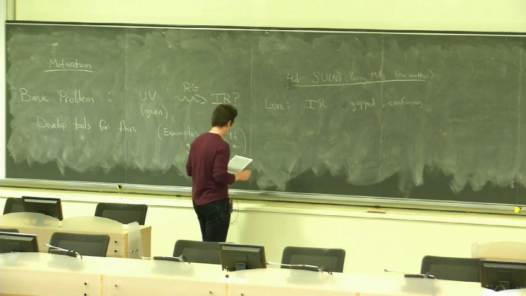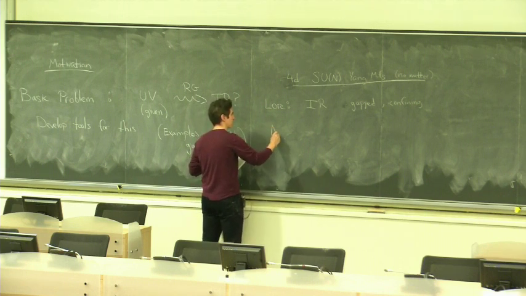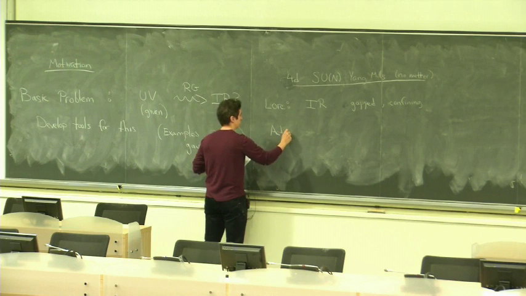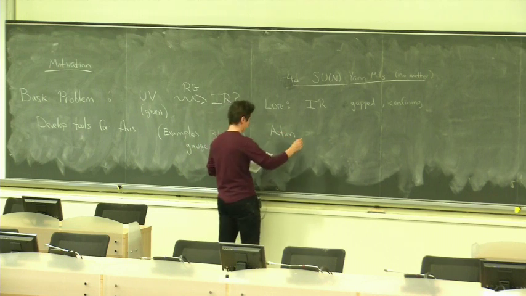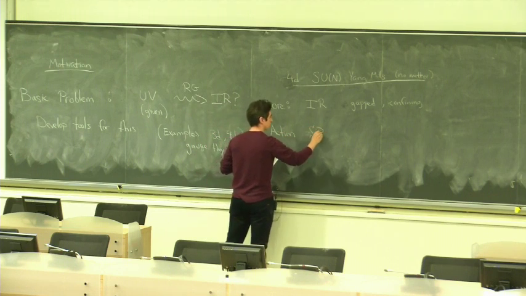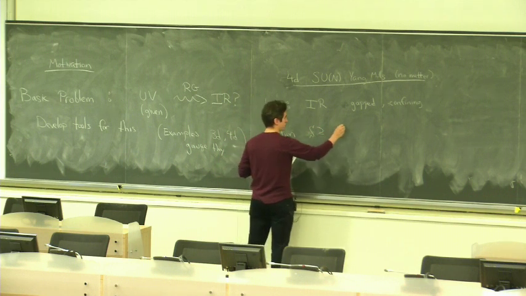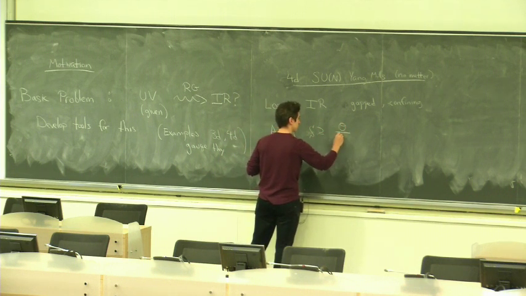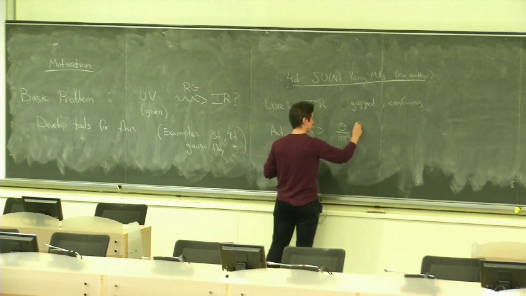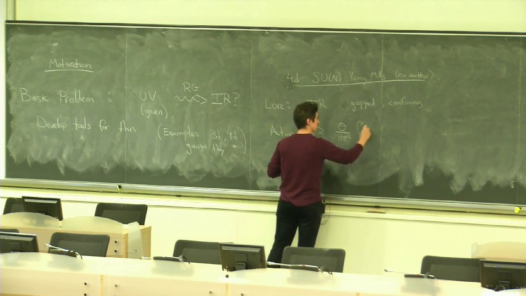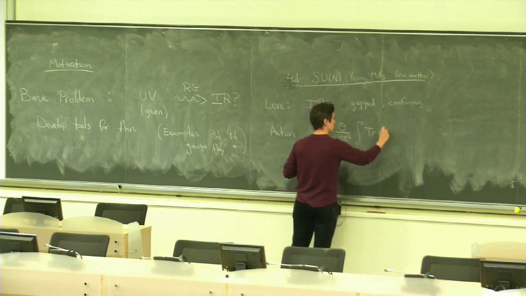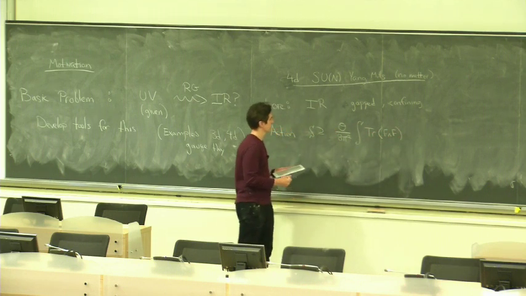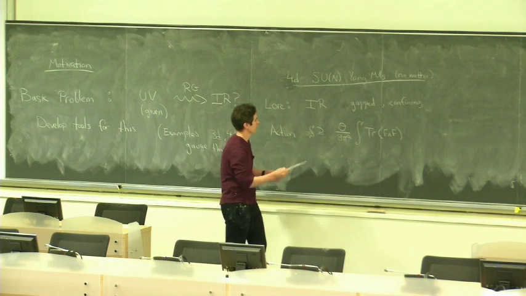Okay. So let's get a little more detailed. The action contains a term, which is particularly interesting, the theta term. So this is the famous theta term in the Yang-Mills action.